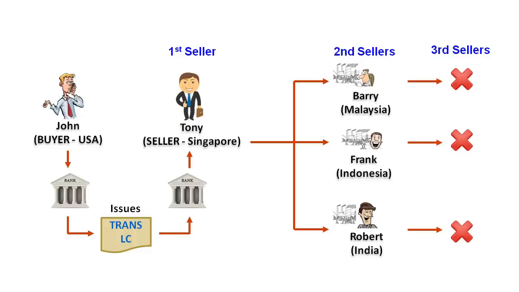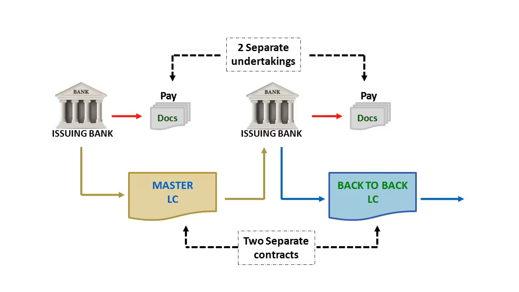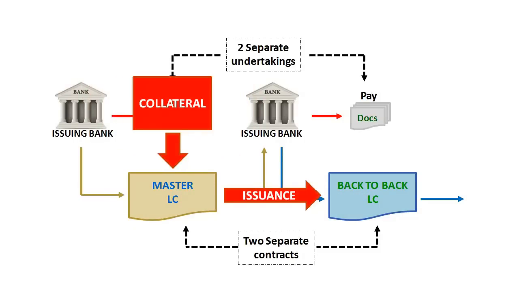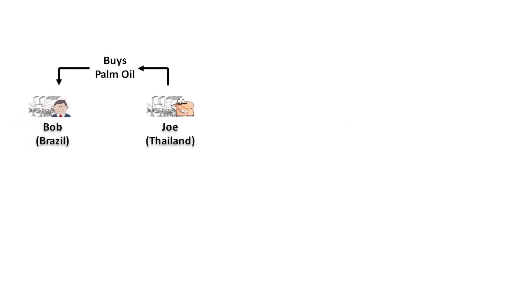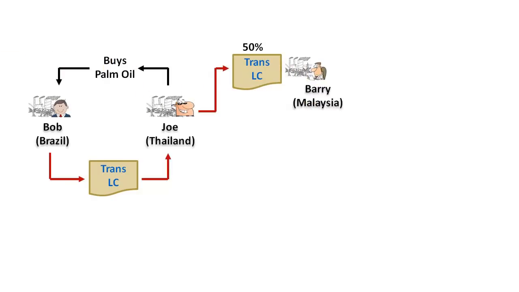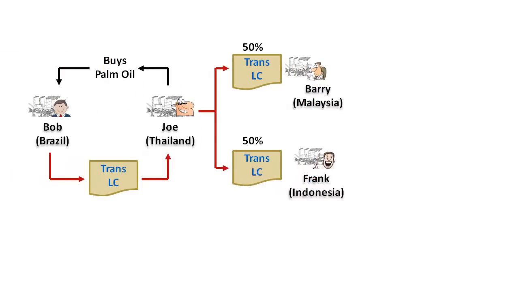As I mentioned earlier, the first LC received from a buyer can be used as a collateral for the issuance of the second LC, that is a back-to-back LC. Assuming Bob is buying palm oil from Joe, Bob issues a transferable LC to Joe. Joe then transfers 50% of the amount to Barry in Malaysia and another 50% of the amount to Frank. Barry and Frank cannot transfer the LC to another seller because both of them are the second sellers.